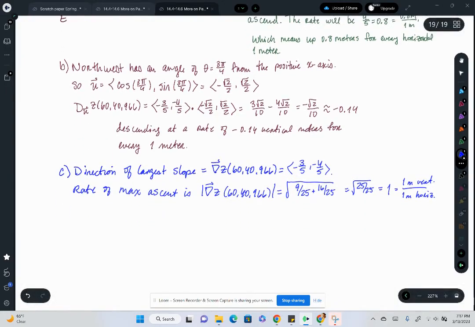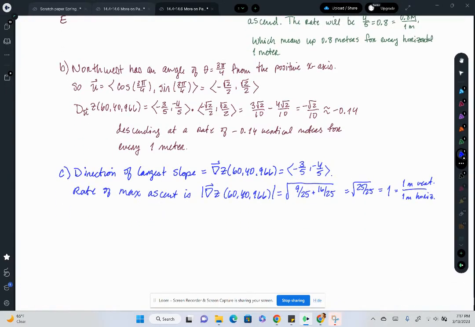Okay. All right. The last thing that's being asked is, at what angle above the horizontal does the path in that direction begin? Okay, let's look at a little picture here. Here's P, our point, and the direction of steepest descent we found is -3/5 with -4/5. So we're heading kind of back like this.